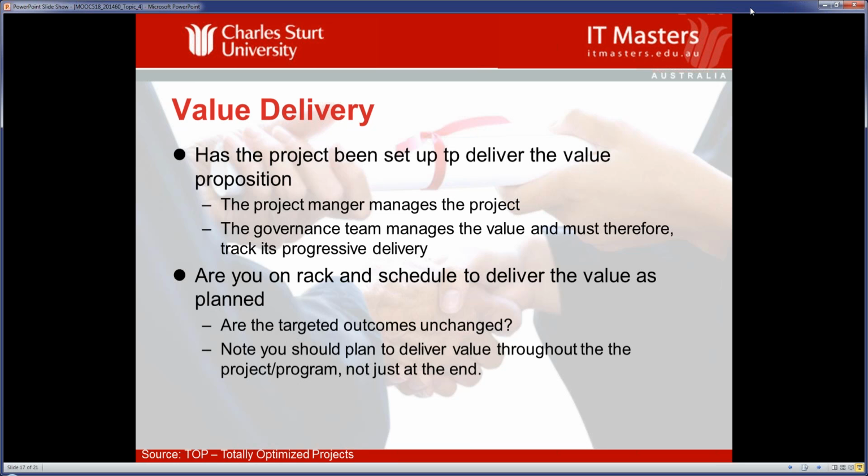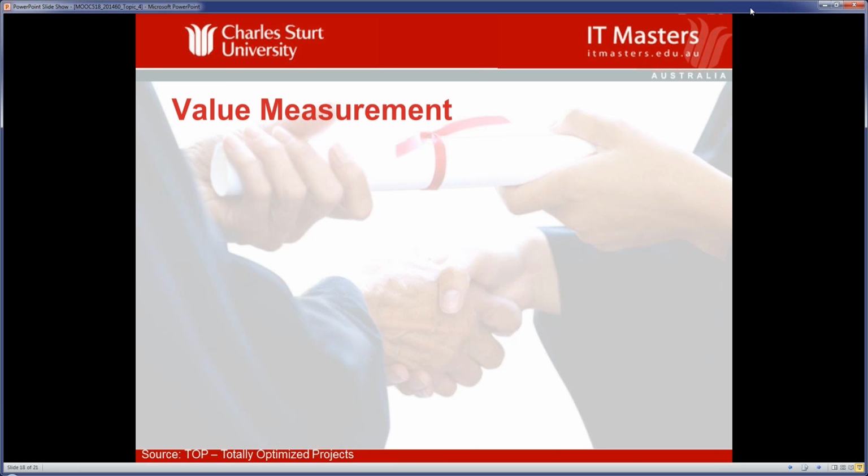Some of the typos are being picked up in the notes here, which is good, so I do apologize for that. All right. So we're talking about tracking and everything else, but of course you can't do anything unless you can measure it. There's a very common saying, which is what gets measured is what gets managed.